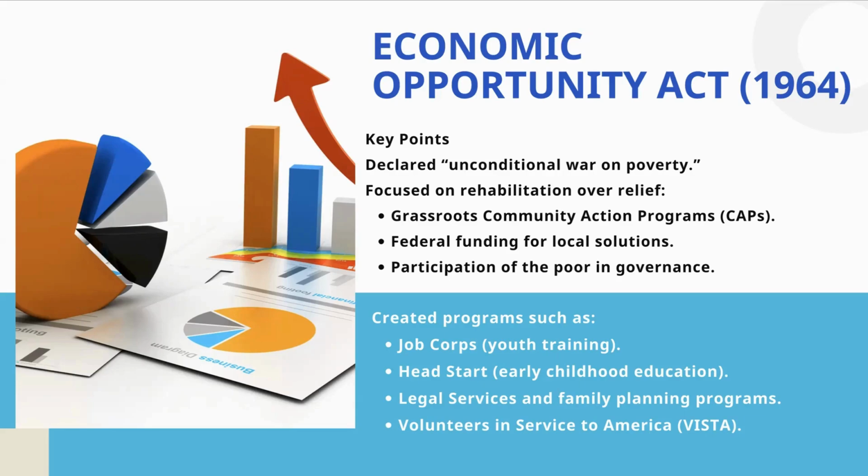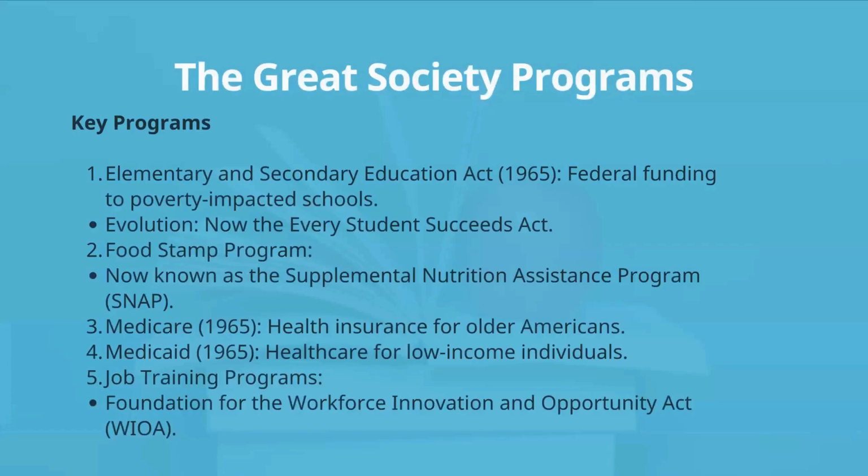Programs like Job Corps, Head Start, and Volunteers in Service to America were born. Neighborhood centers offered childcare, health clinics, and job assistance, directly addressing poverty at the community level. This was a really great initiative.